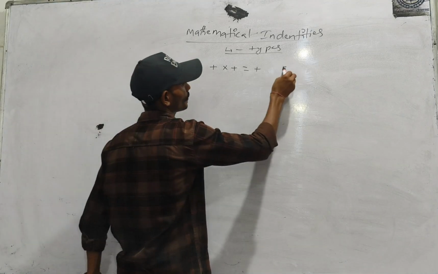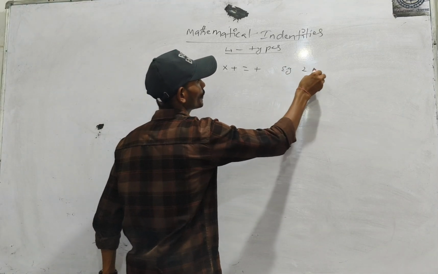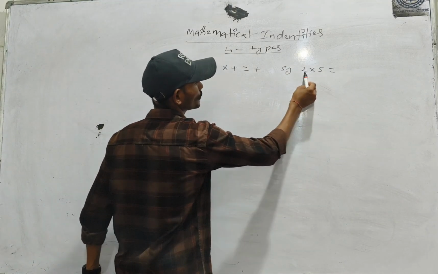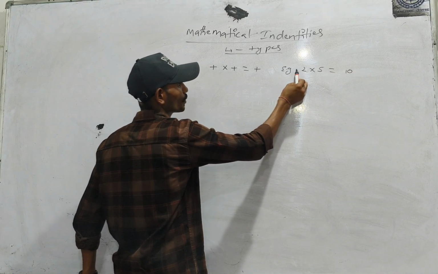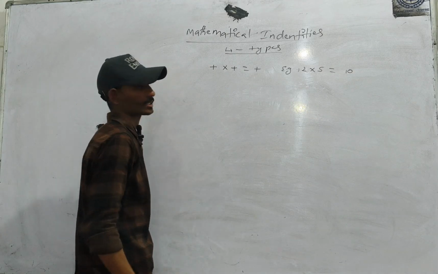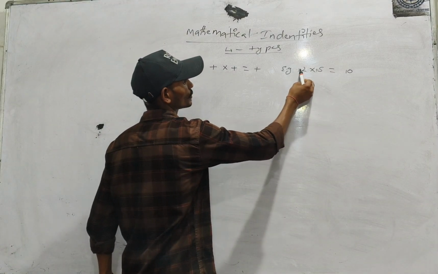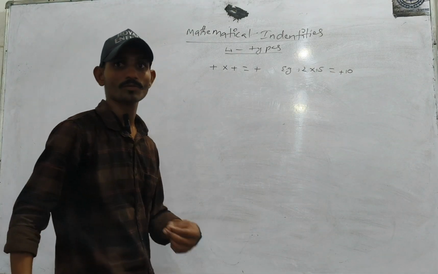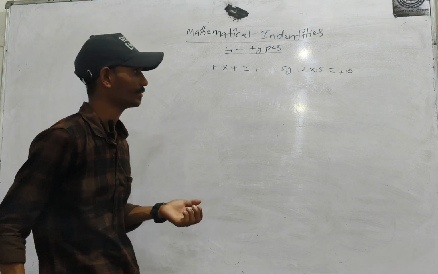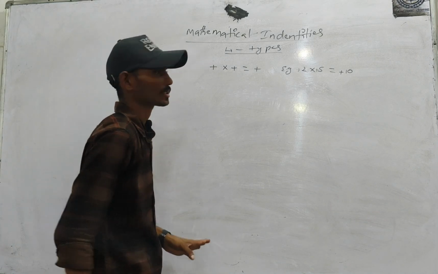Okay, now example: 2 into 5. 2 5s are 10, but in front of the two there is no sign, so you should feel it is positive. This is also positive. Positive into positive is always positive.